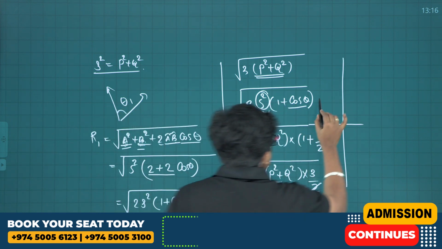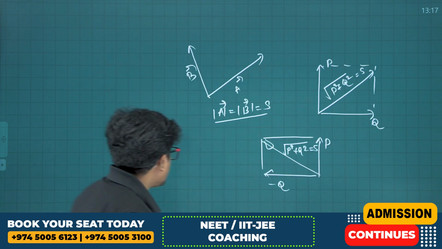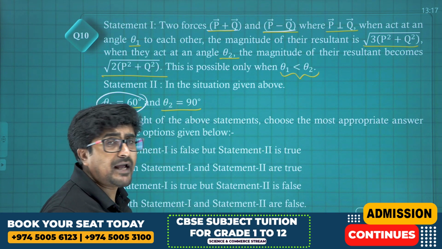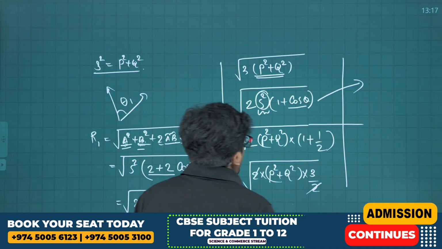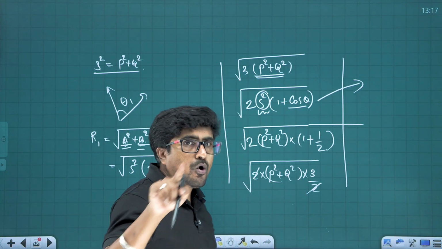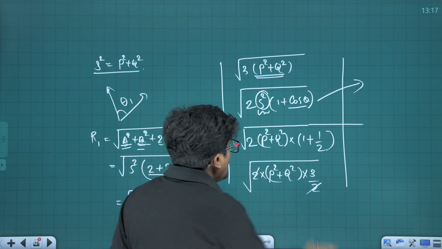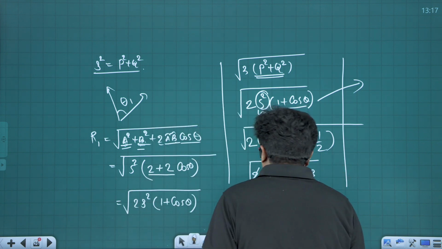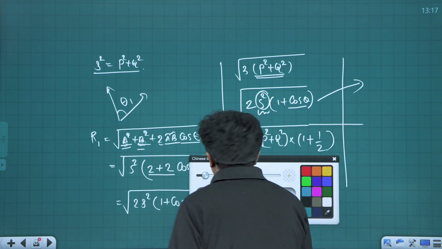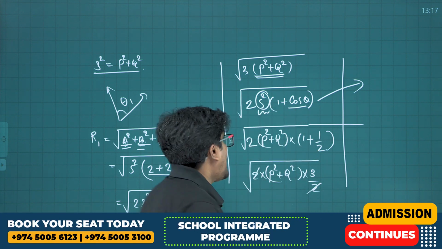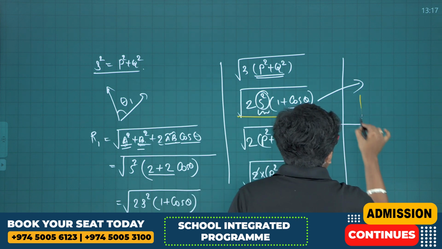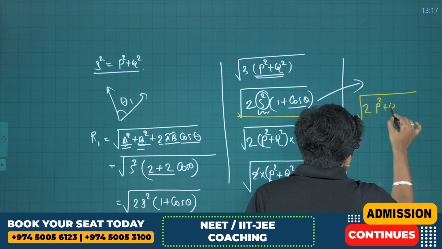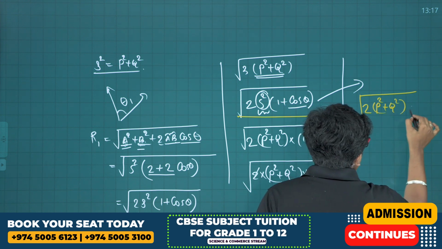Now come to the other one. I will stick to this general relation again, and I am going to consider this part. They are saying that theta 2 is equal to 90 degree this time. So if theta 2 is equal to 90 degree, cos of 90 is 0, and 0 plus 1 is going to be 1. So here this is root of 2 into S square, which is P square plus Q square, into 1.